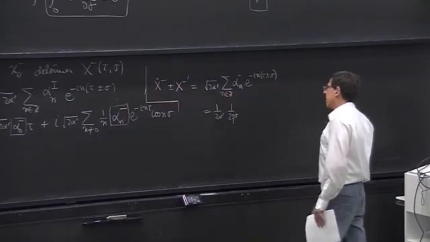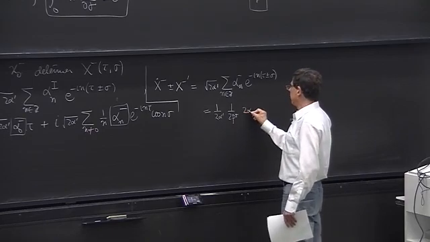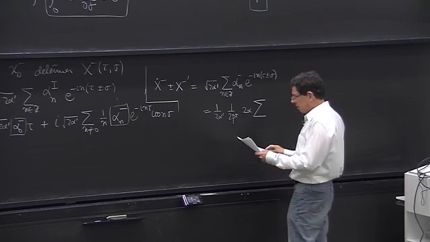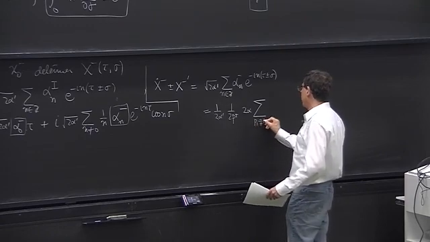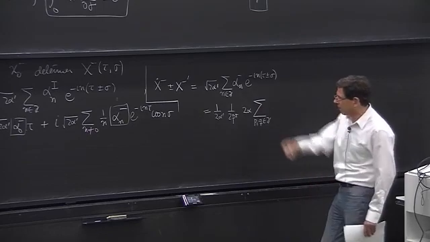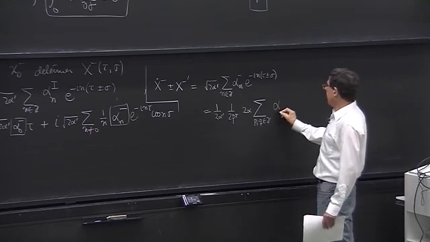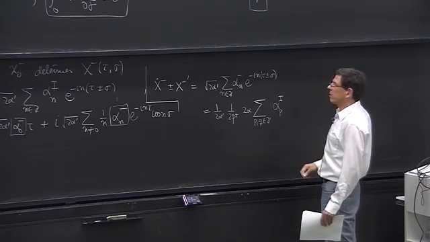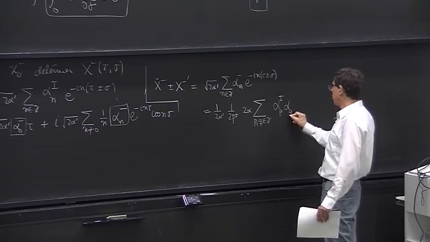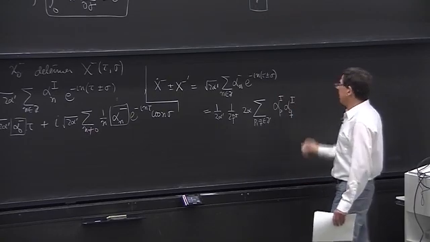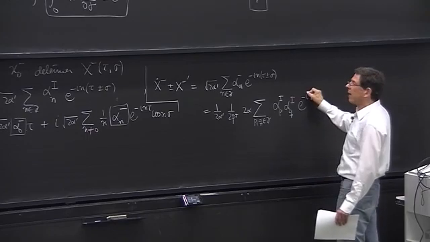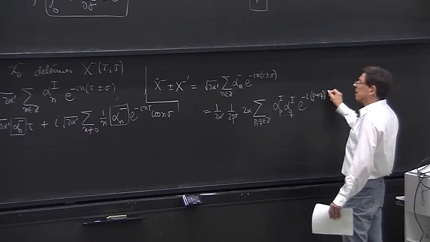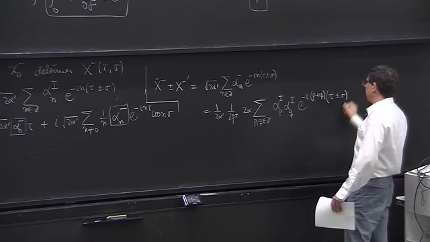So the square of that thing, the 2 alpha prime square roots go like this, and now I have two sums. Sums over p and q belonging to the integers. For the first factor, I would put e to the alpha p i. For the second factor, an alpha q i. And then e to the minus i p plus q, tau plus minus sigma.